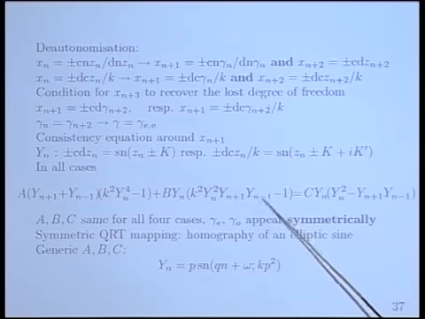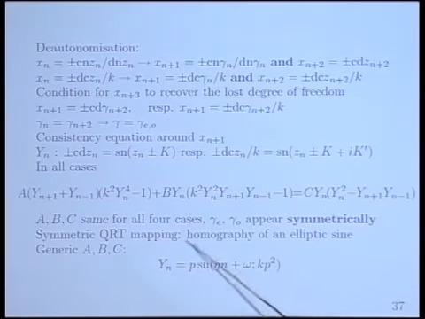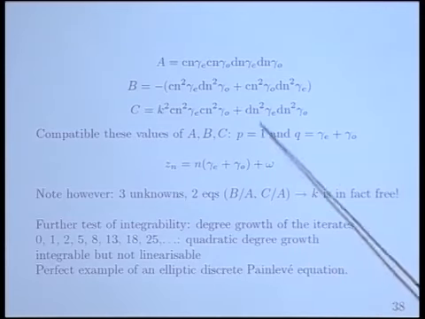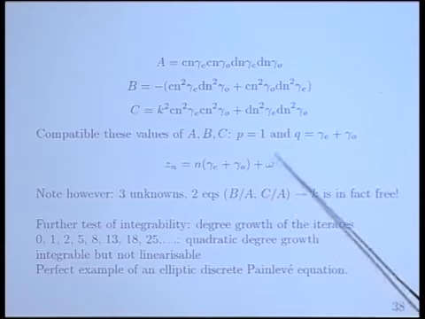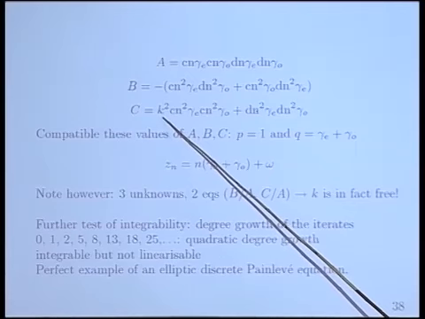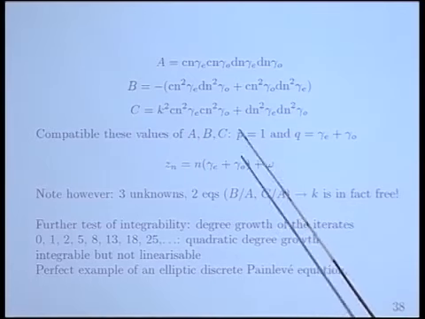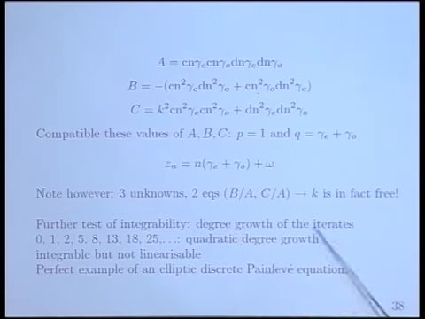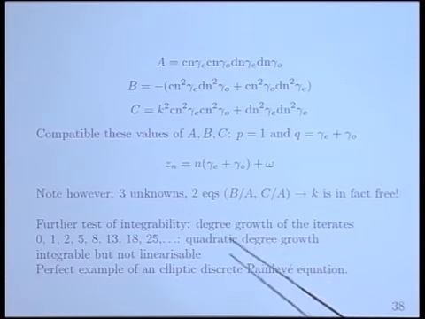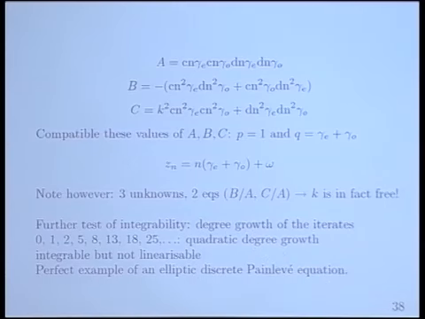So this system, I can take those elliptic functions of any value of k I want. Now, the degree growth integral, as I said, is quadratic, and so this equation is non-linearizable, integrable, but non-linearizable.